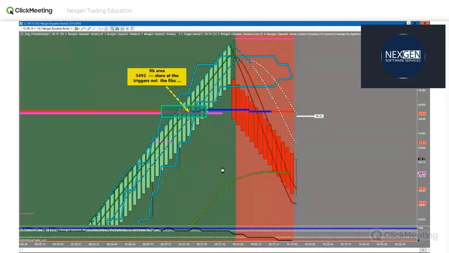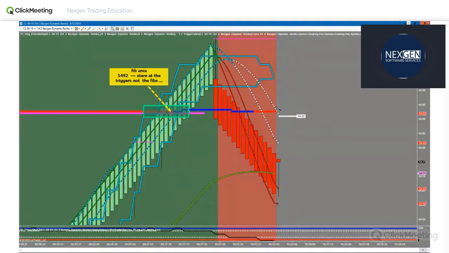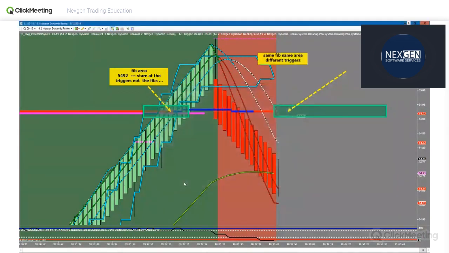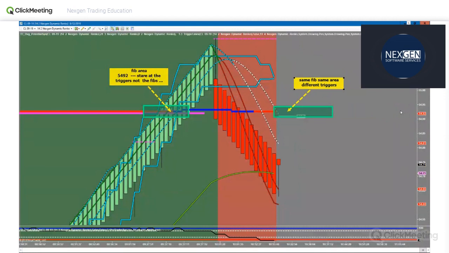Now, let's stare at area 5492 over here. Same fib, same area, different triggers. What do you think?